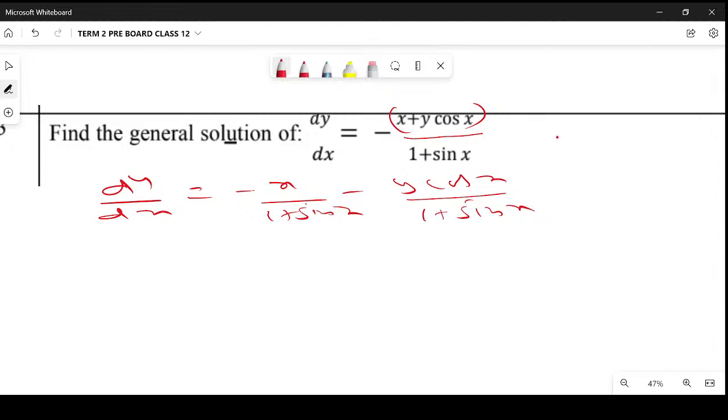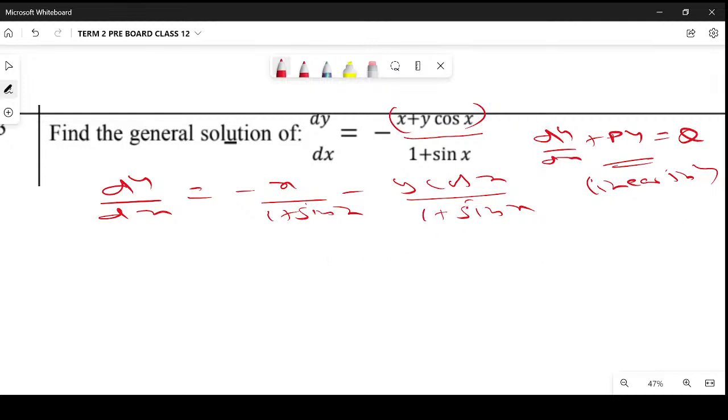What is a linear equation? We know that dy by dx plus py is equal to q is linear in y. This equation is linear in y.